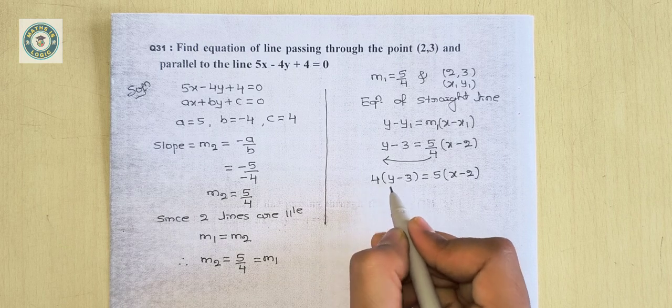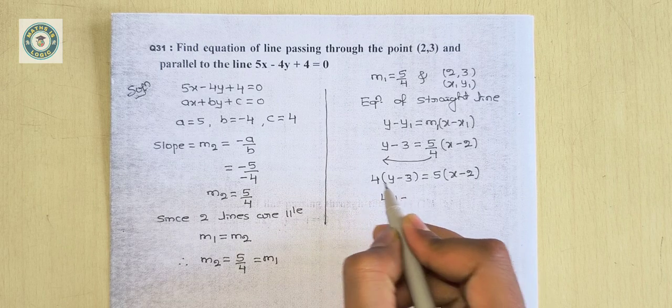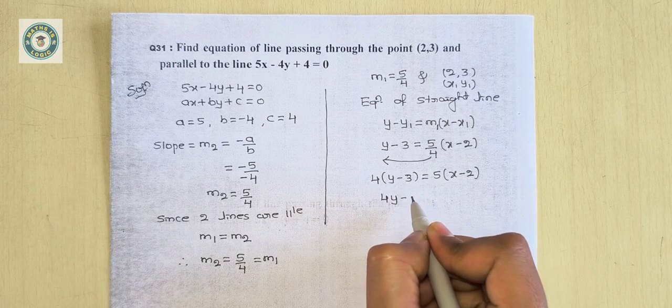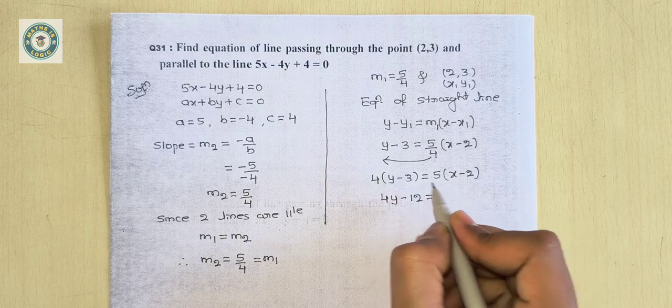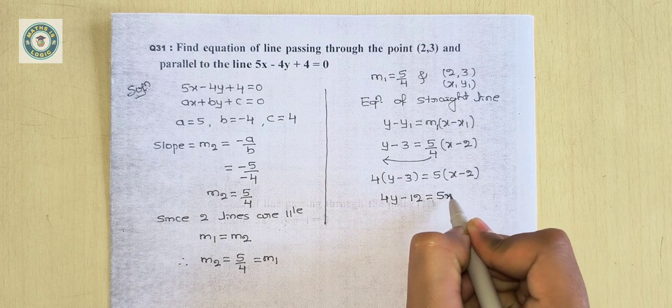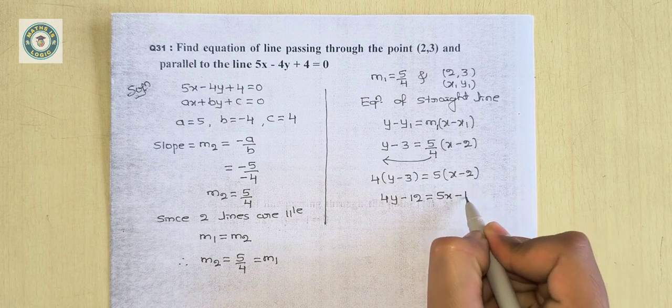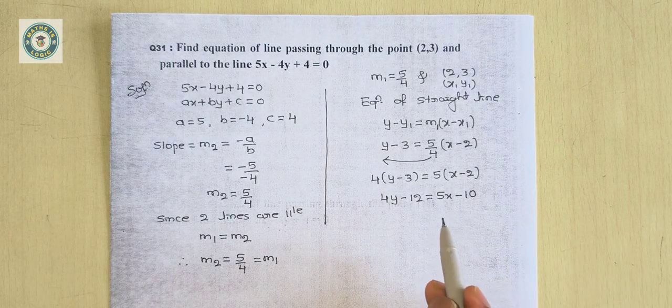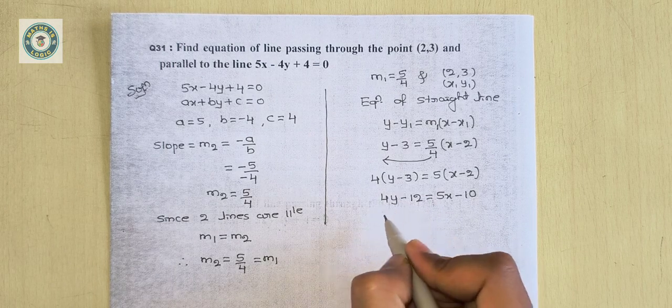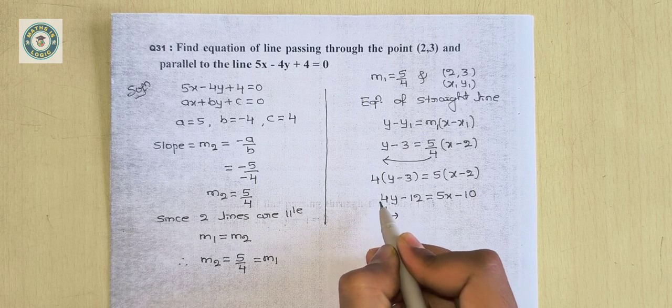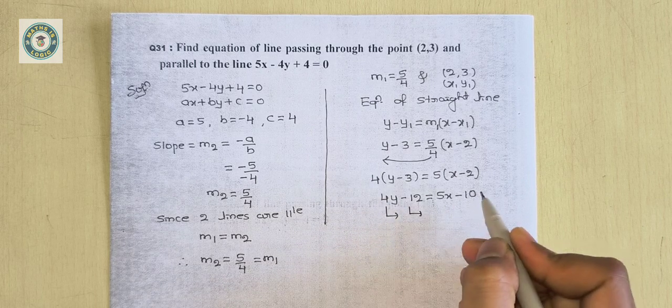Open the bracket: 4y minus 12 is equal to 5x minus 10. Since x contains a positive sign, we shift plus 4y and minus 12 to the right hand side.